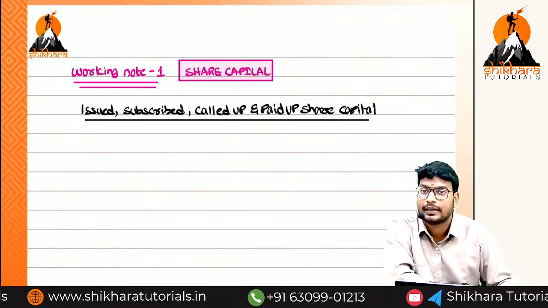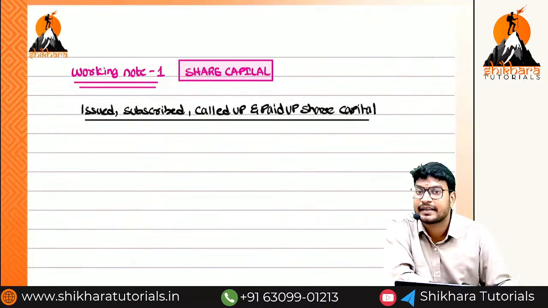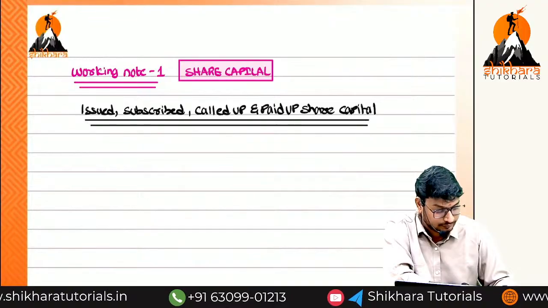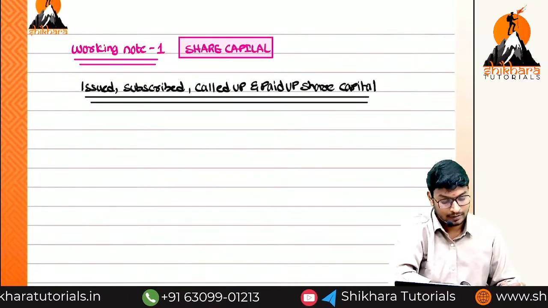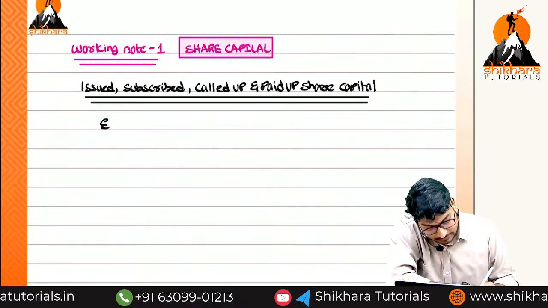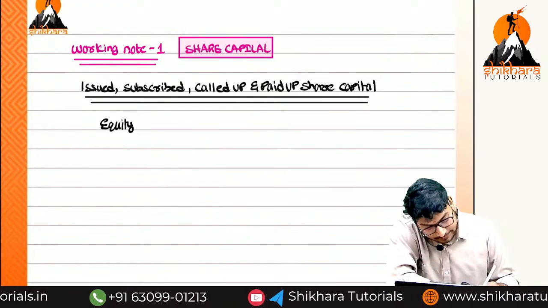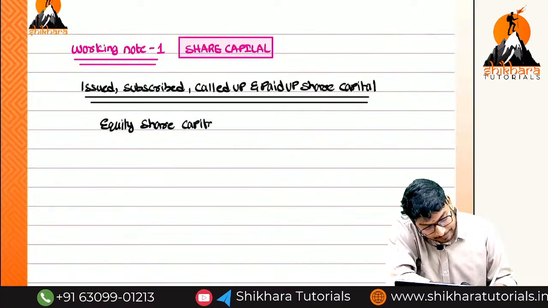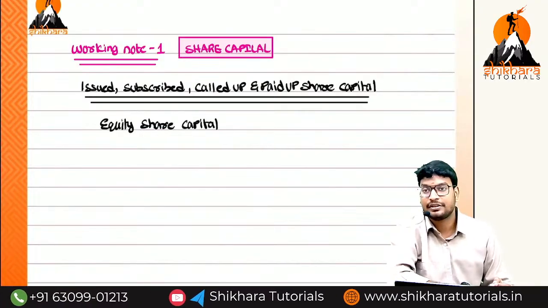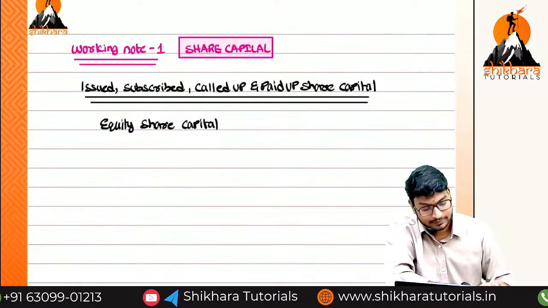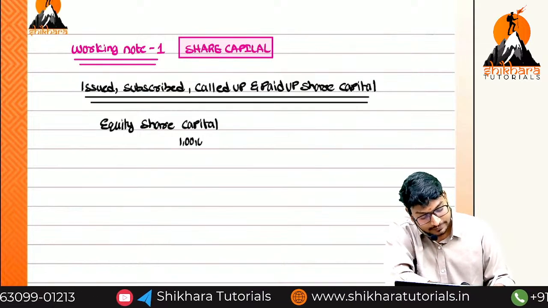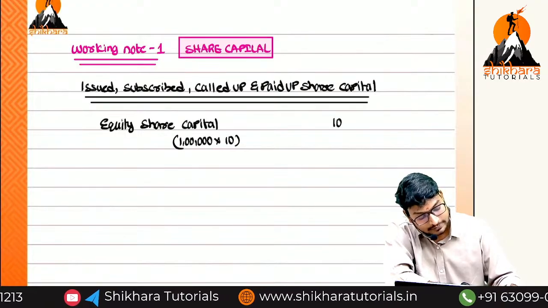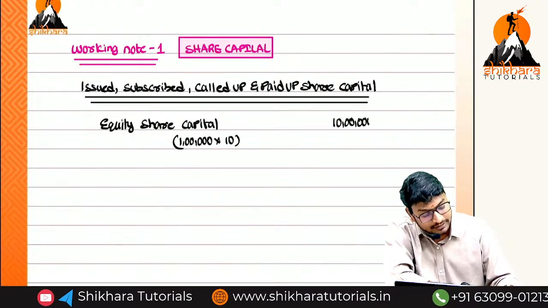Paid up amount. Ultimately, which amount do we have to disclose, the equity share capital paid up? Remember that one. Now, first what do we need to write, ma? Equity share capital. How many shares have we issued? 1 lakh. What is the face value per share? 10 rupees. What is the amount we have to write? 10 lakhs. Are you understanding my point?